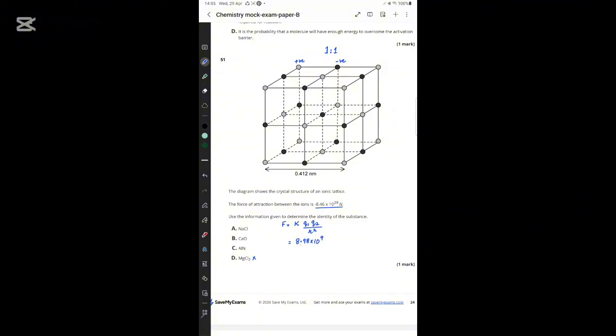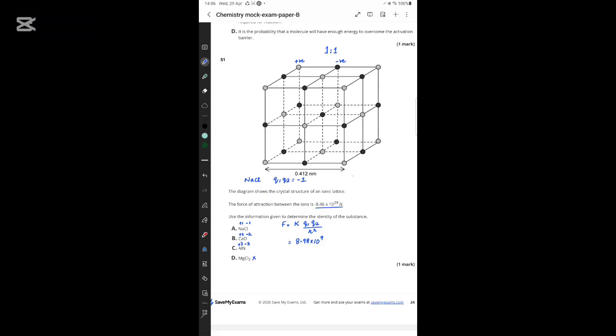So let's see the value of Q1 Q2. If it is NaCl, Q1 and Q2 are going to be +1 and -1, because Na has +1 and chloride has -1. For calcium and oxygen, it is going to be +2 and -2. For aluminium and nitrogen, it is going to be +3 and -3.